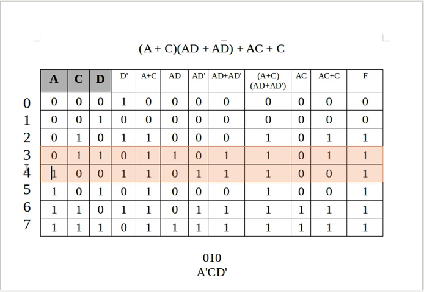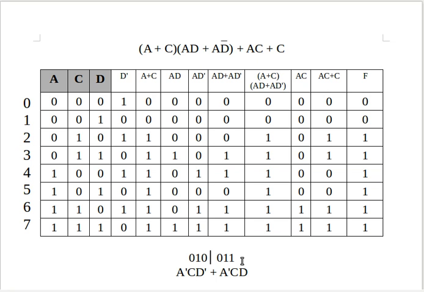Now we go to the next one, and this equals A' C and D. So here I'll say 0 1 1 is gonna equal A' C and D, and this is what I mean by sum of products. Sum of products is sum of products, SOP.